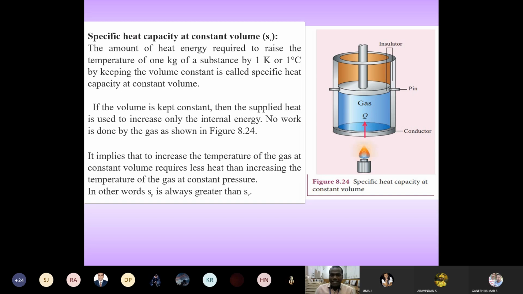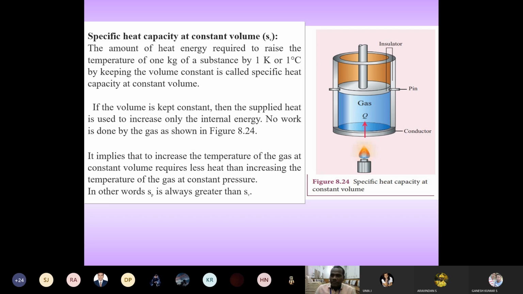So what is specific heat capacity at constant volume? In the previous case we could change the volume of the cylinder, but in this case we can't. The volume of the cylinder is fixed by the pin provided here.